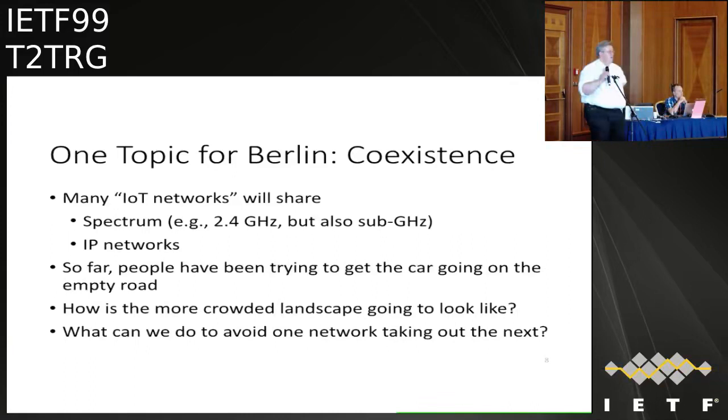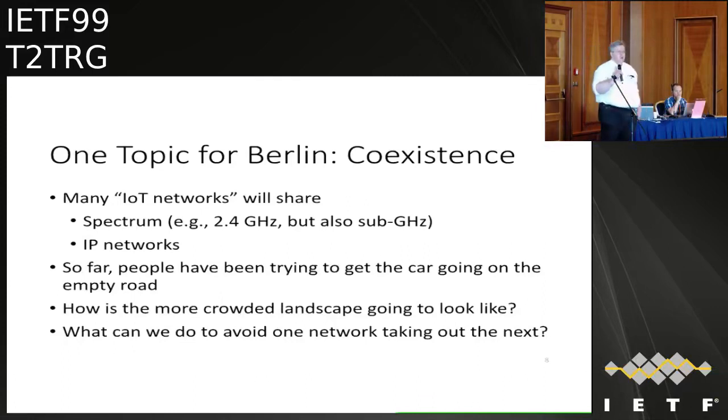Basically, the problem is that most people who work on IoT networks right now think that they own the landscape, but in reality, of course, we have all these various networks, both sharing the common resource of the spectrum and sharing common infrastructure, for instance, common IP networks, on which they might want to send multicast messages and things like that.